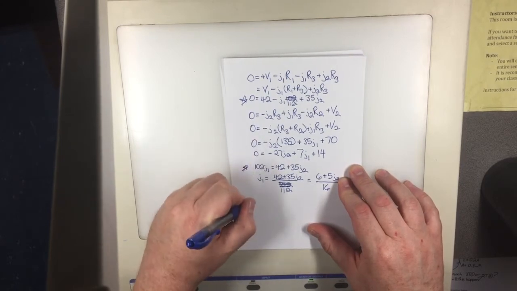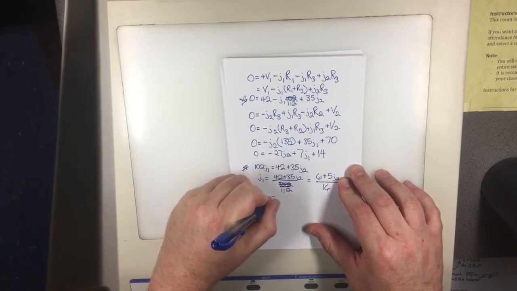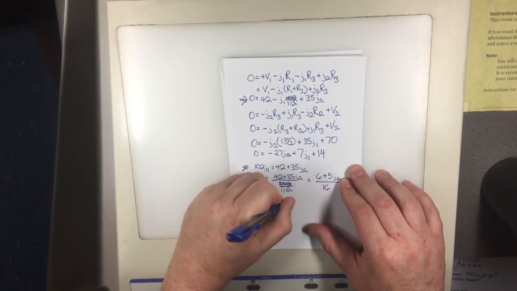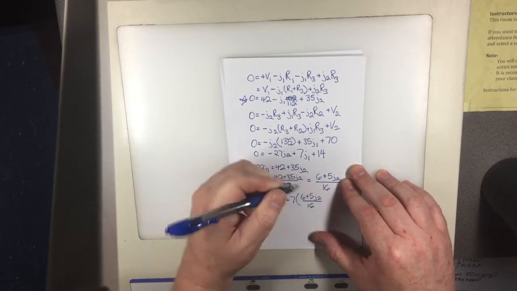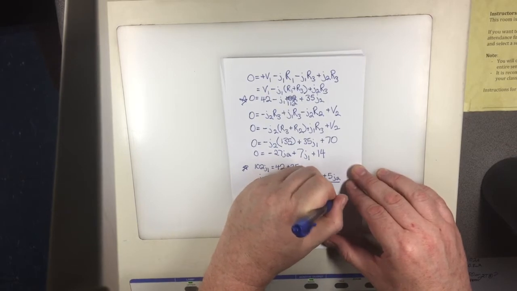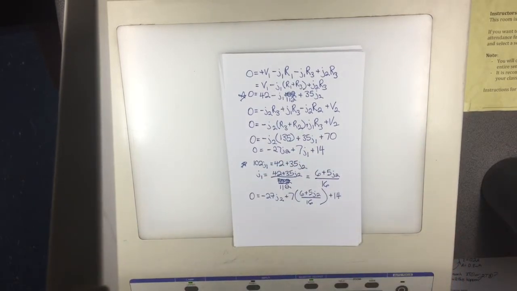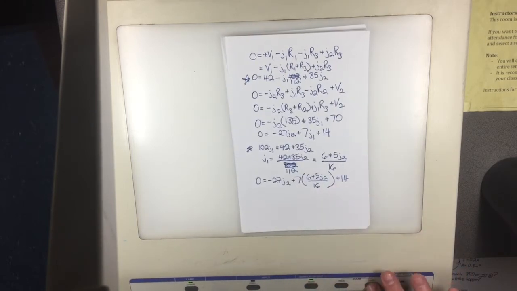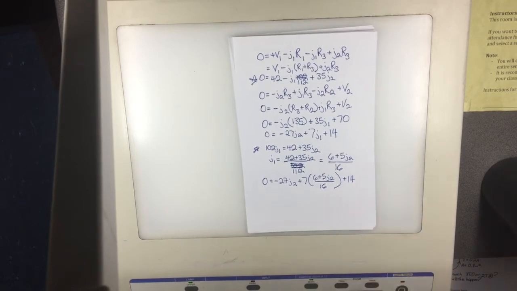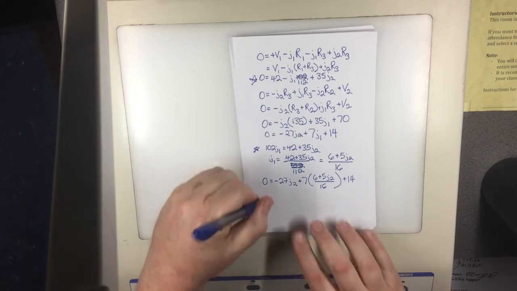Plugging J1 into there, I get that. Say it again. Can you pull the page up? Oh. Now, what am I going to do? Multiply everything by 16.